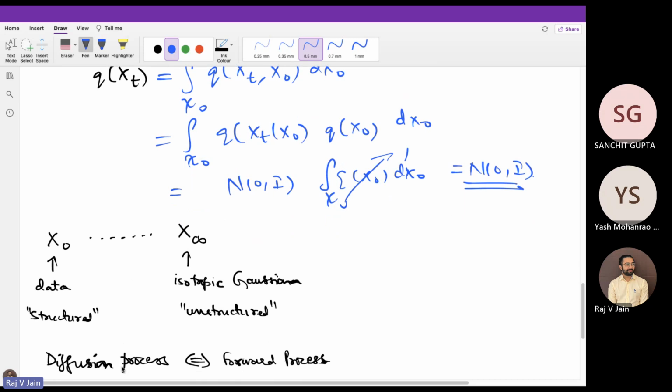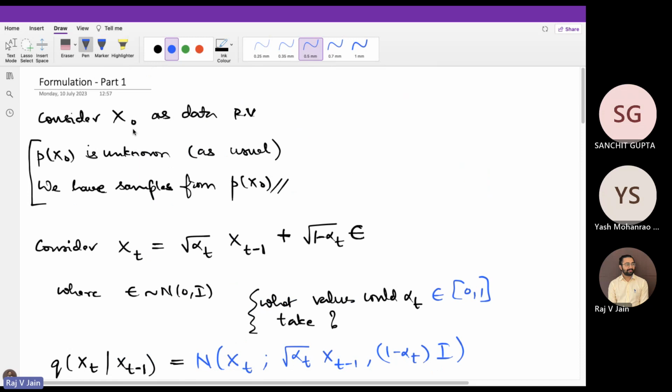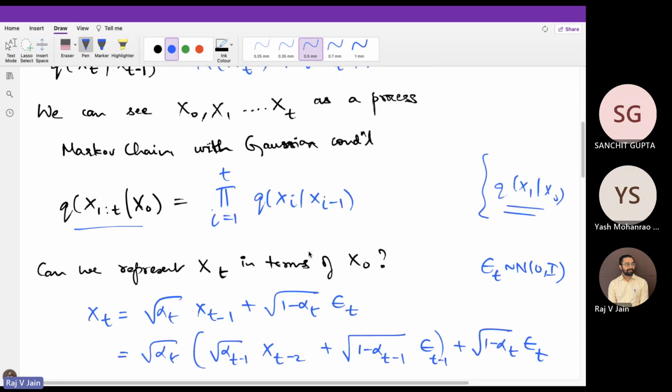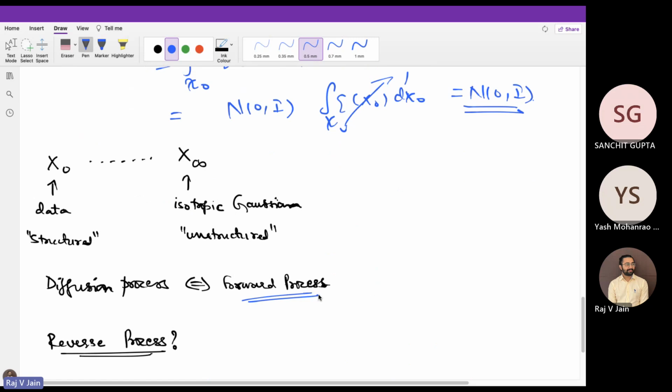This process is called the diffusion process or the forward process. We have data, and we are going from this data to complete, pure noise. And this is very intuitive, because we keep adding a small amount of noise every time, so any structure in this data will be lost. At the end of the day, what we'll have is only noise. This is what we call the forward process.